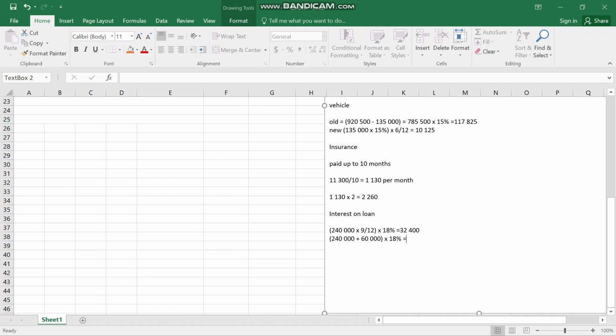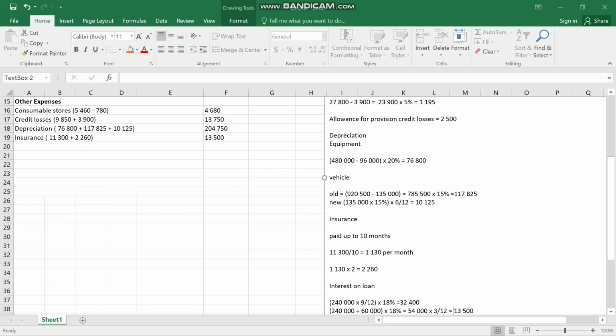Multiply by 3, the remaining months of the first payment, divided by 12, which is 13,500. So this is your loan repayment, guys.